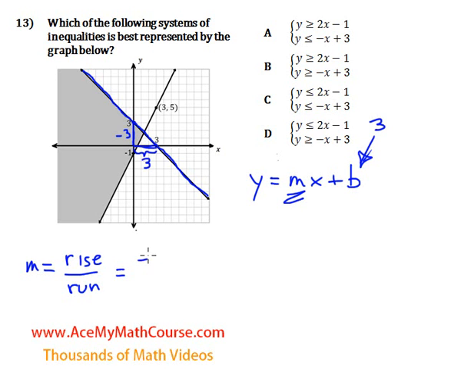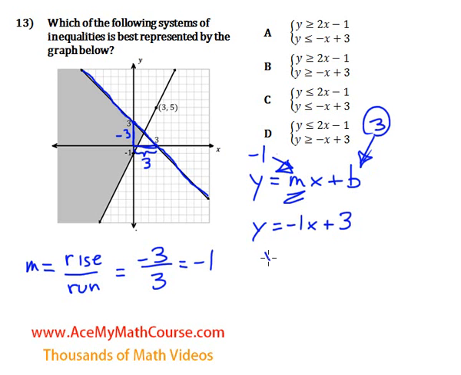So rise of negative 3, run of 3. Negative 3 over 3 simplifies into negative 1. So that is the slope, which is just the value of m. So we have y equals negative 1x plus 3. B is 3. So I can just rewrite this as negative x plus 3, and that's it. I don't need to write the 1.